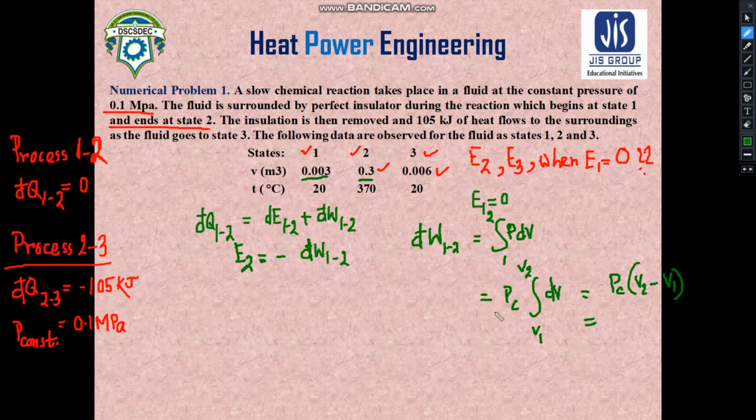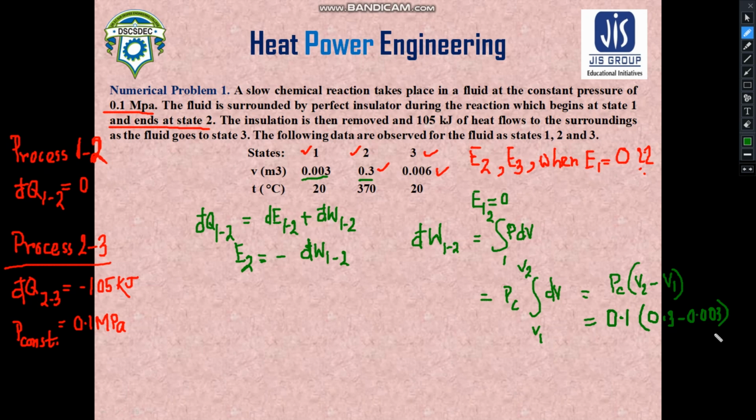Now you have the value of this Pc. It is 0.1 megapascal. And the change in volume is 0.3 minus 0.003.